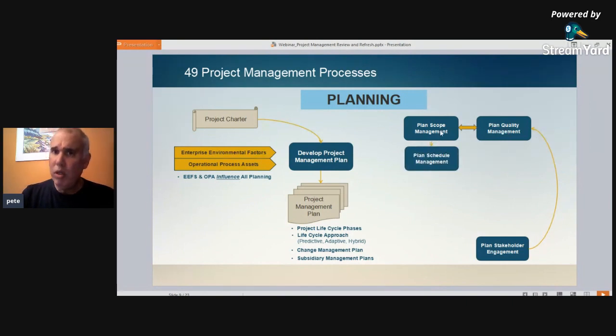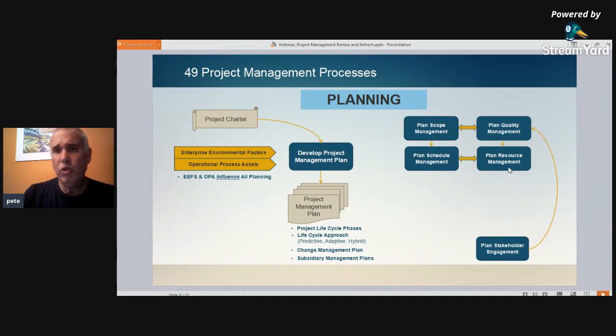Once you know what you're going to do, you need to have a schedule to say when you're going to do it. And who's going to do it and what's needed. Resource management plan. That's going to drive your schedule. Quality is going to drive what resources you use. Right? Quality is going to influence the skill level of the project team members.